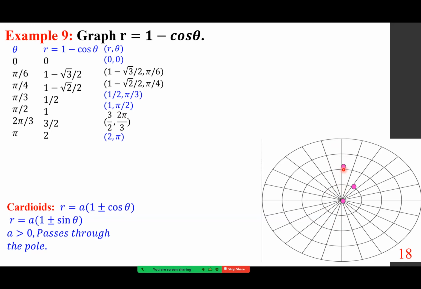So this is half, this is 2, okay? And 2 of them is 1. And at pi, we can go with 3 halves and 2 pi over 3, okay? 3 halves is 1.5. Somewhere there.